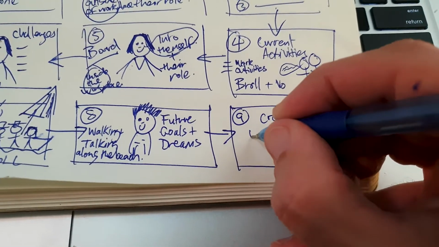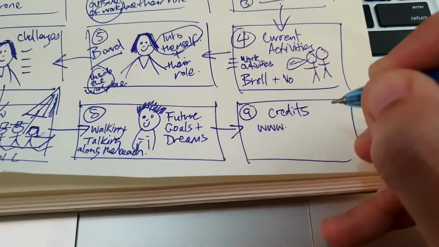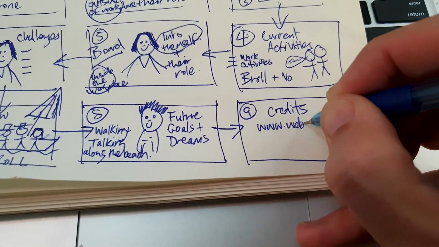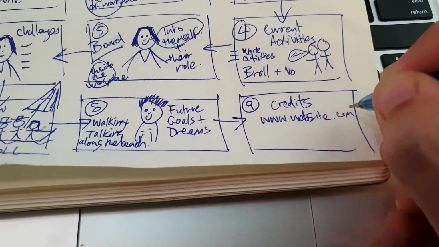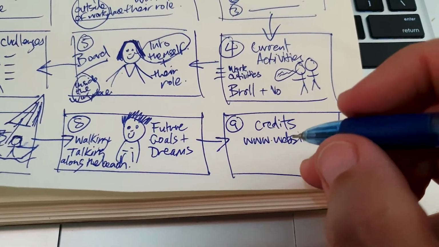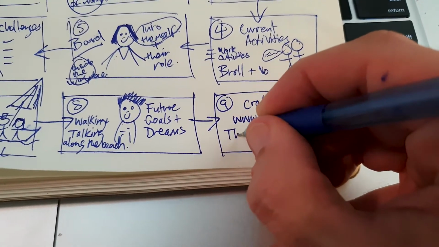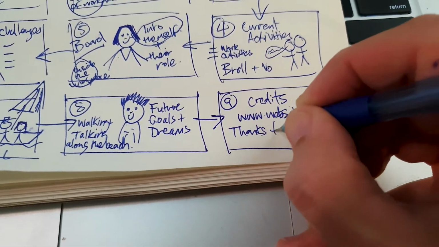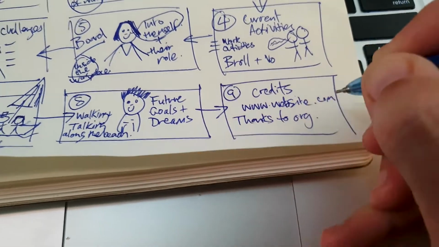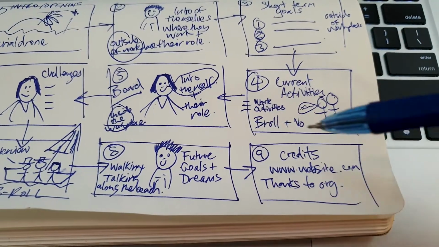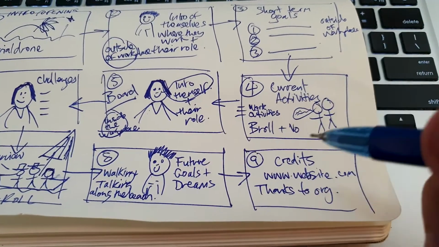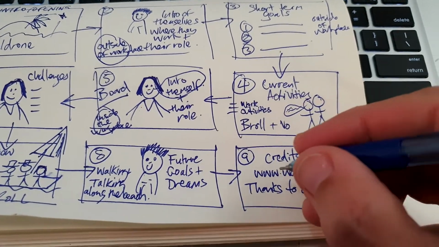That needs to include the website, so we'll just say website.com randomly, and also we're going to say thanks to organization. So that's going to be the name of the organization that we're filming here, just to give them a bit of promotion and a bit of a thank you. So that's how it's going to finish.